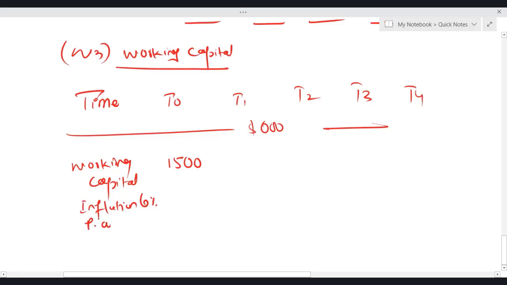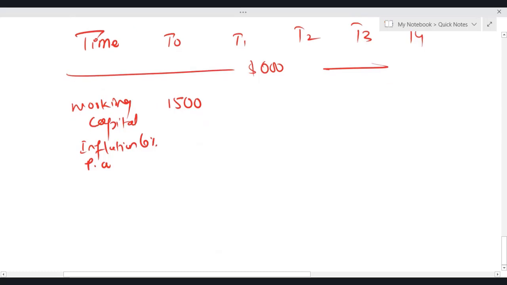Which means that if we increase this 1500 due to this inflation, we'll take 1500 logically into 1.06. Just use the calculator. 1500 into 1.06. I'm getting 1590.